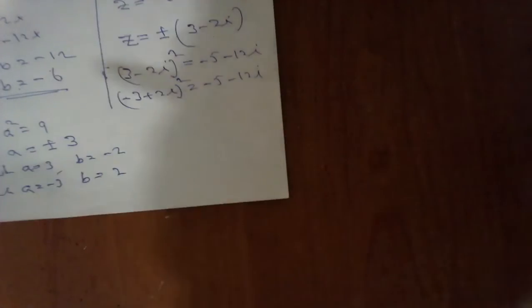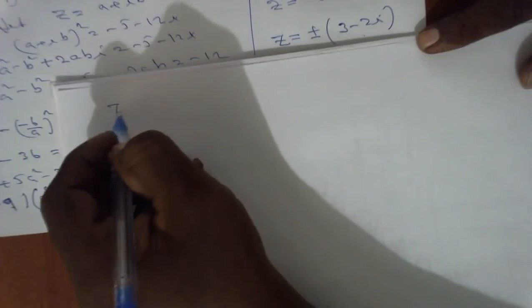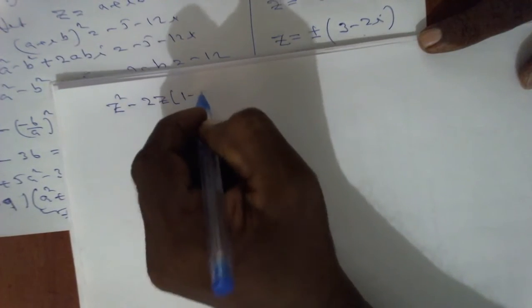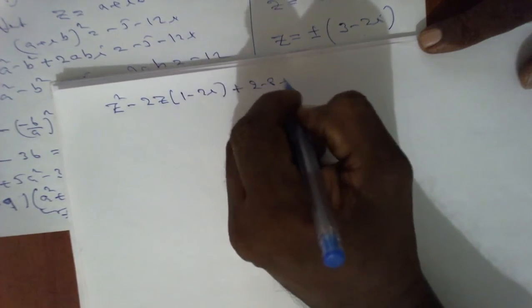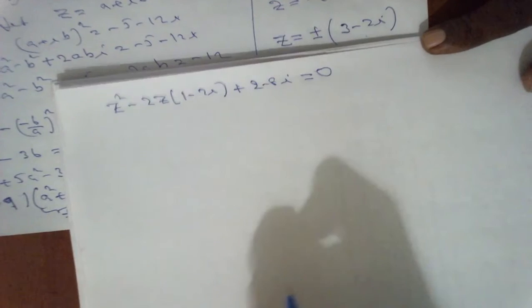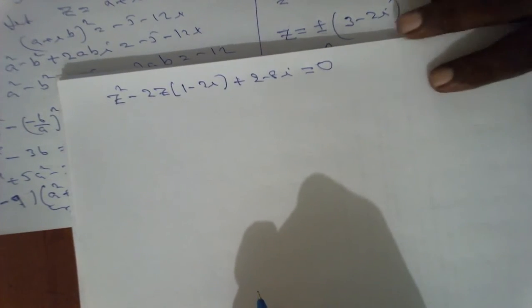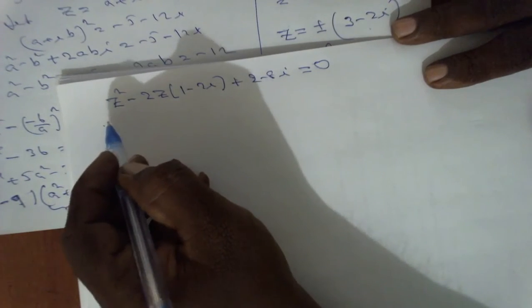If you come to the second one, z squared minus 2z into (1 minus 2i) plus 2 minus 8i equals 0. When you solve this equation, there are two steps, right?